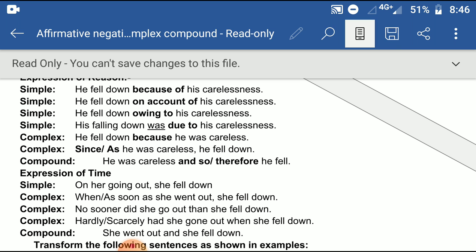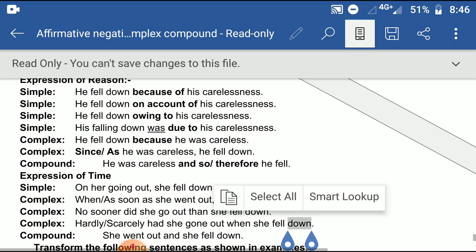So if we write a to be verb, then we cannot keep any other verb in the same sentence if we want to retain it as a simple sentence. In that case, was is the verb that we are writing with due to. There should not be any other verb, so that verb has to be changed into a non-verb.